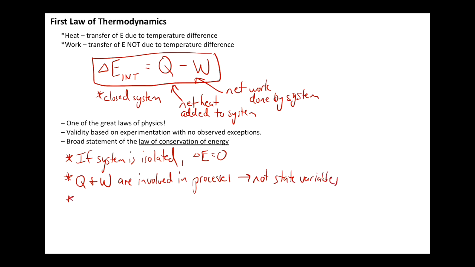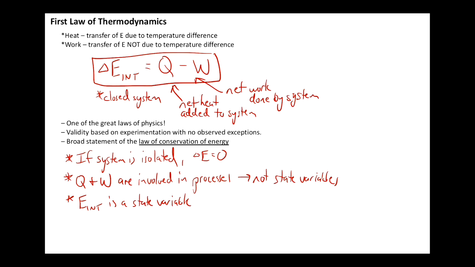On the other hand, the internal energy is a state variable. It's about how much energy that system possesses at a certain point in time. So Q and W are about different types of energy entering or exiting, and internal energy describes part of the state of that particular system.